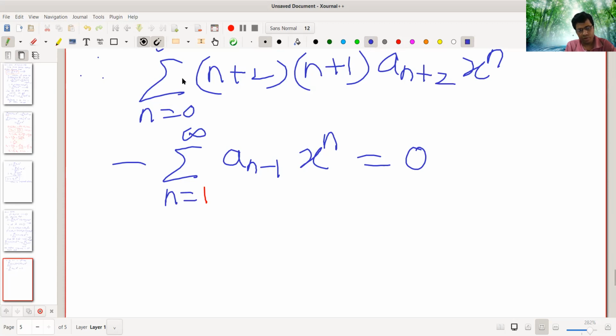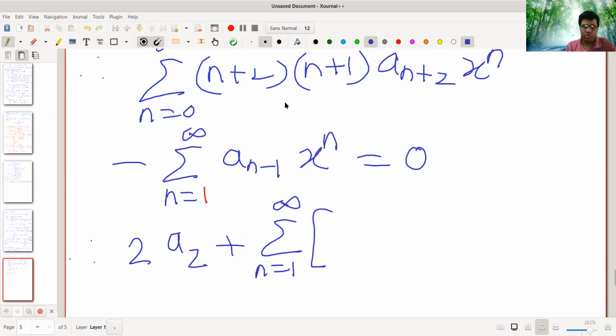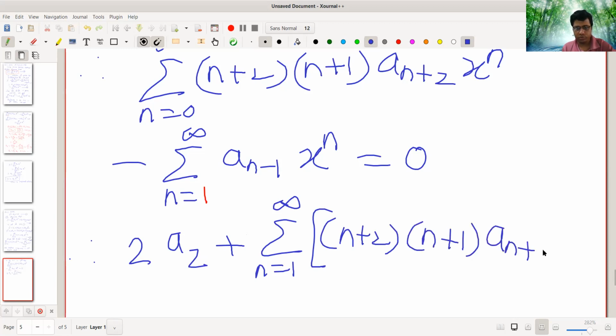So we have to consider the term starting from 1 to infinity and write the term for n equal to 0 separately. So the separate term, with n equal to 0, is 2 into 1, that is 2 a2 x raised to 0, that is 1, plus sum n equal to 1 to infinity, and now both are with x raised to n, so we can write (n plus 2)(n plus 1) a_(n+2) minus a_(n-1) times x raised to n equals 0. Okay.